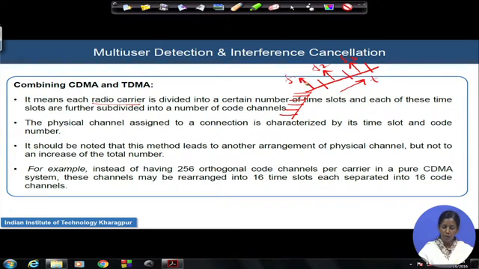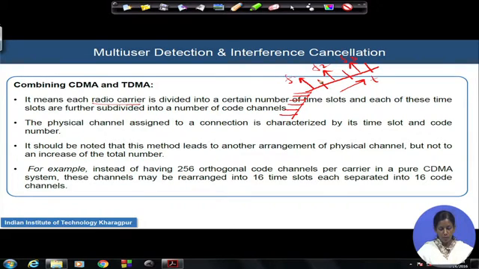So, associated with this F1, say 4 or 5 codes are available, associated with this F2 another 5 codes are available, and like that it goes on. The physical channel assignment to a connection is now characterized by two factors: what is your RF channel, and what is your code channel. Like that people specify.